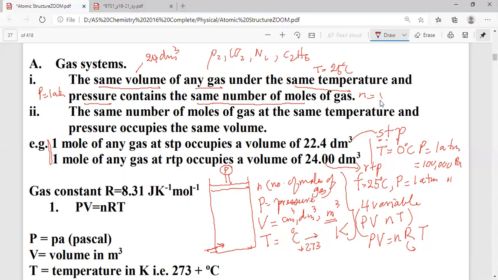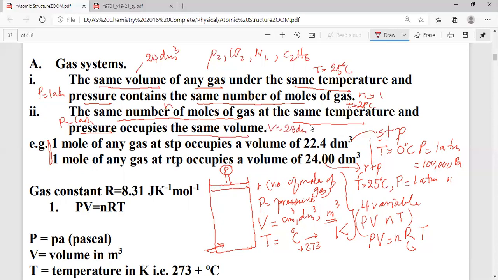Now you can also reverse and say the same number of moles of any gas, right? At the same temperature, 25 centigrade, and the same pressure equals 1 atmosphere, occupies the same volume, which is how much? 24 dm3.